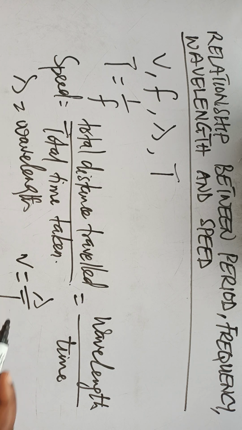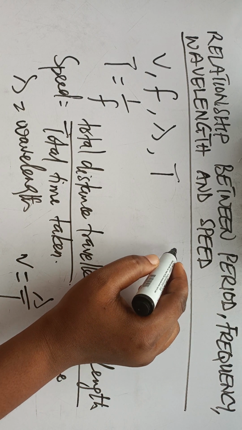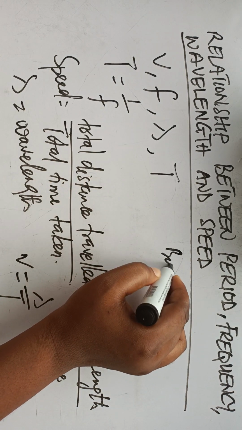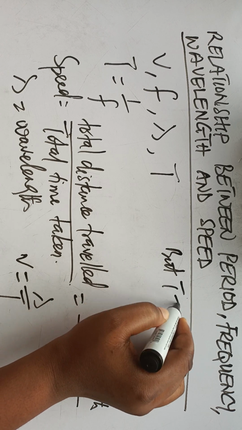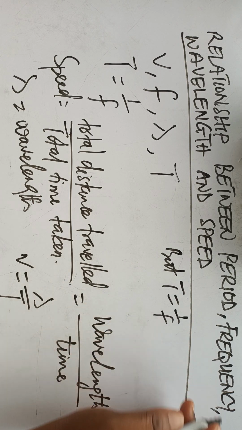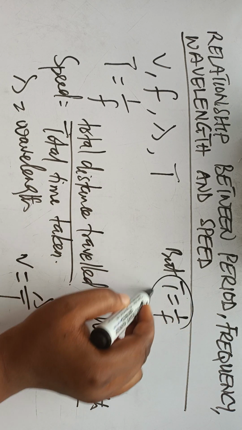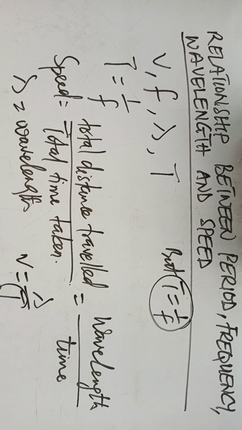But we've established already that the period is equal to 1 over frequency. So all we need to do is replace this in the equation we have here.